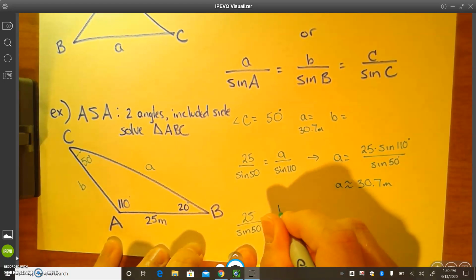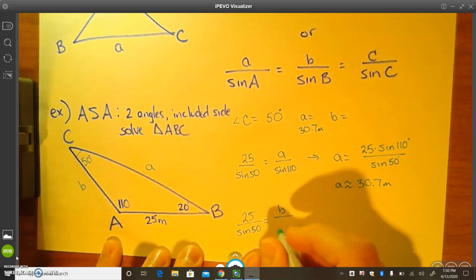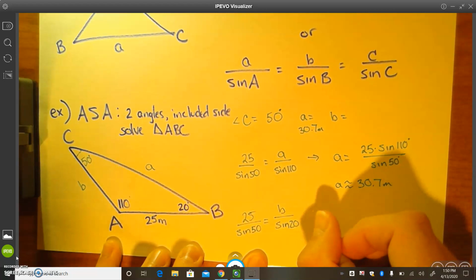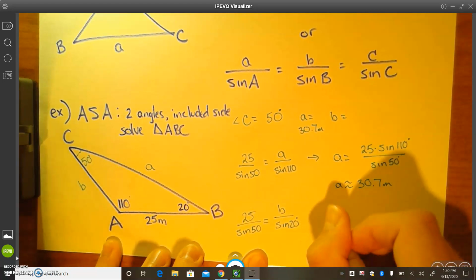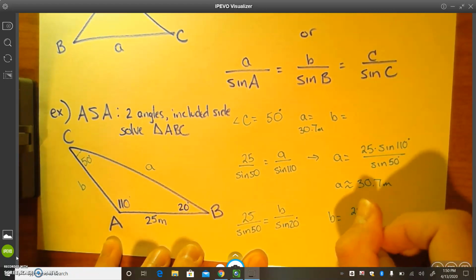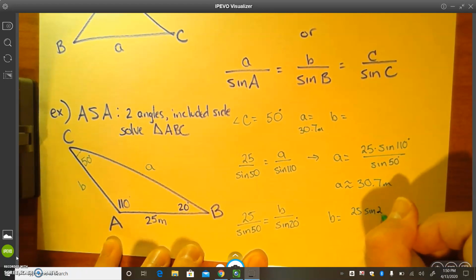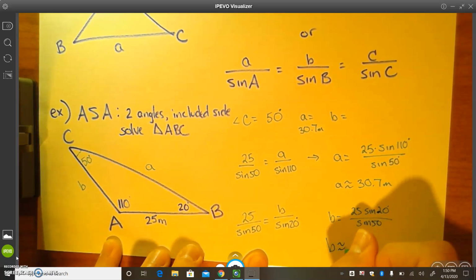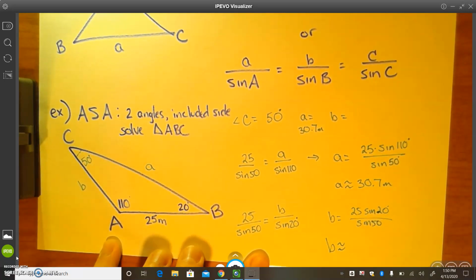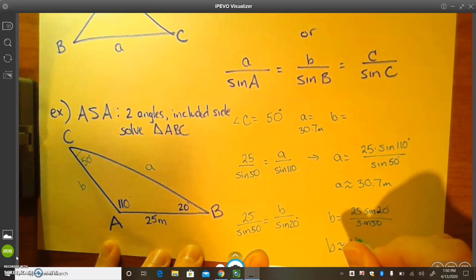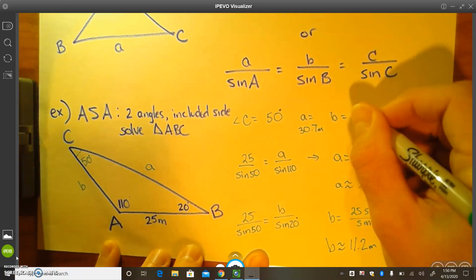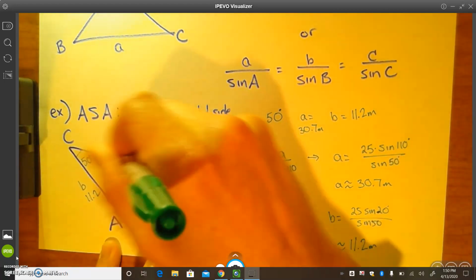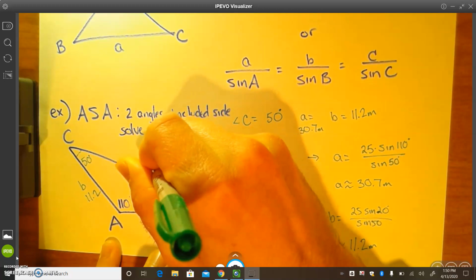And I'm going to now find b by dividing it by sine of b, which is 20 degrees. So now we know b is 25 times sine 20 over sine 50. And again, this becomes a calculator problem, and it's going to round to about 11.2 meters. So we have 11.2 and 30.7.